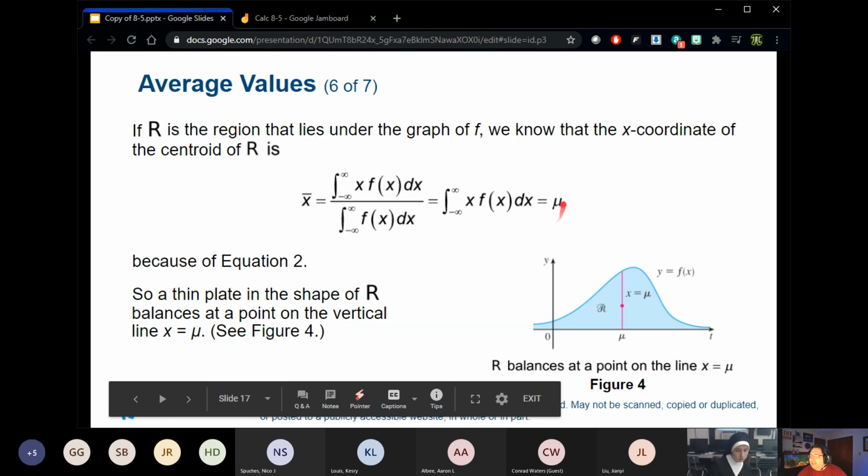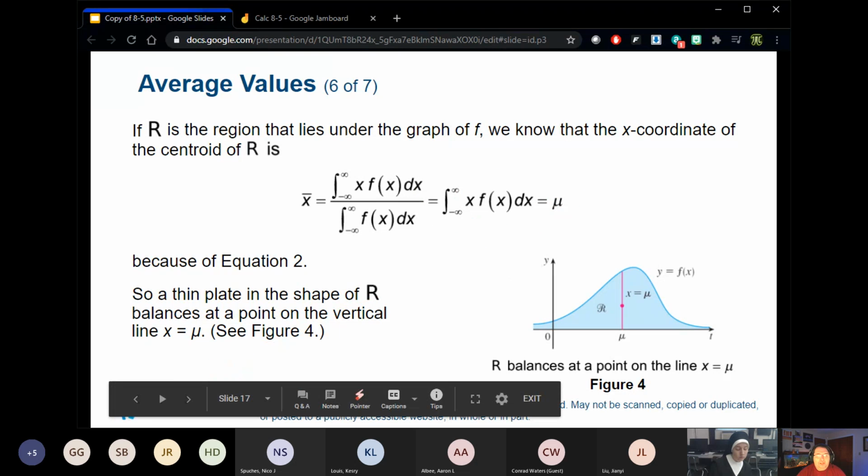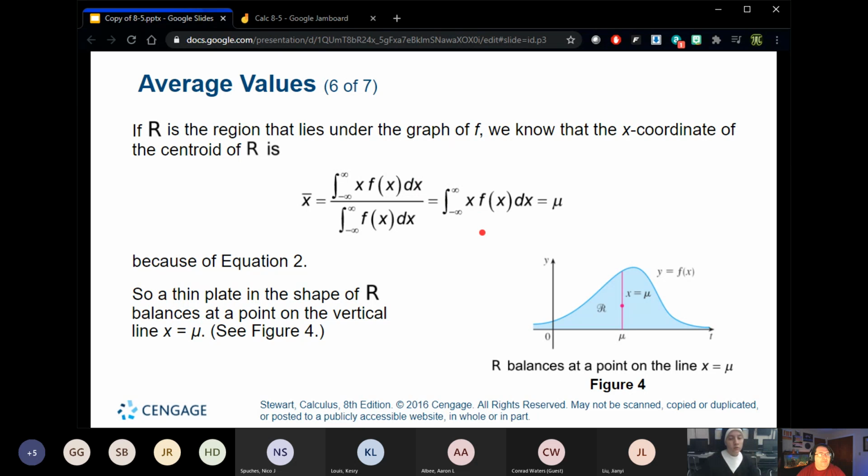That's going to give me the mean of whatever function I have. So this is my average function. Notice it's basically the same as the function we just did before, except there's an x in front of it. Nothing really changed, because that's going to give me the mean of my probability.